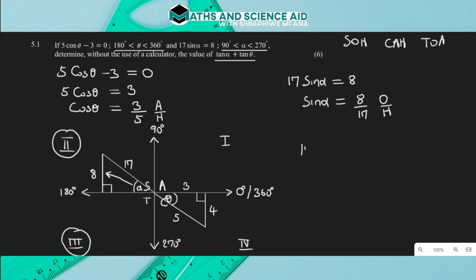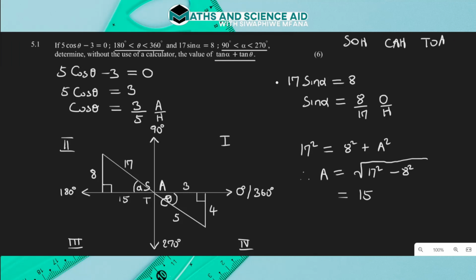So the hypotenuse side squared is going to be equal to the opposite side squared plus the adjacent side squared. Therefore, the adjacent side is going to equal the square root of 17 squared minus 8 squared. And you can just punch this into your calculator and you'll get a value equal to 15. So the adjacent side here is equal to 15.